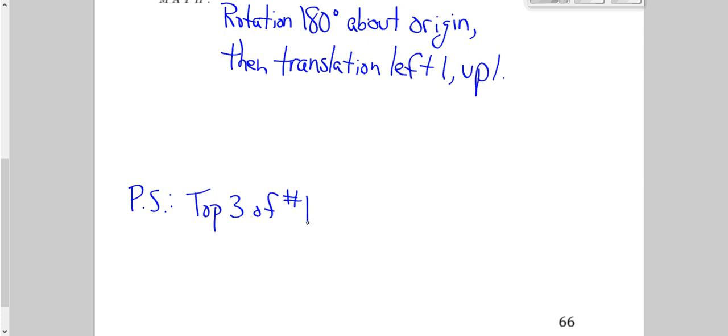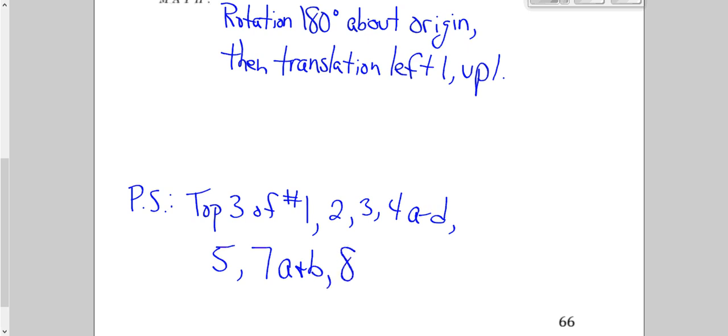Problem number 1, there's 3 of them at the top. Right. Okay? Then you're going to do 2, 3, 4A through D, 5, 7, A and B, 8 and 9. Okay? Sounds like a lot.